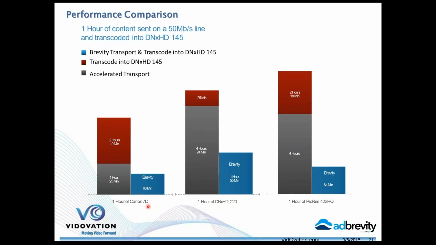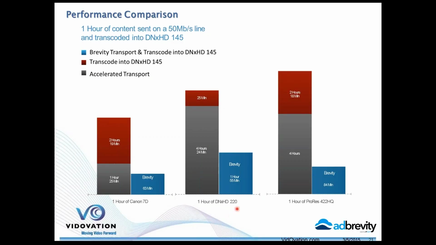The originating content was in Canon 7D. So we did Canon 7D to DNxHD 145. You can see it does depend on your source content. Look at DNxHD 220. It takes a lot longer to transfer that.